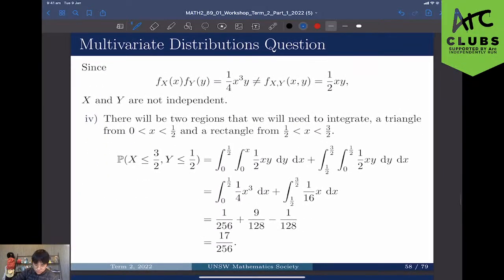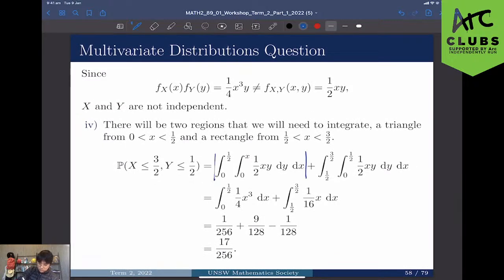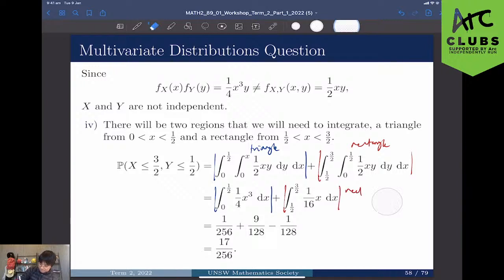So we split it up into a triangle, and this is the triangle, and the red part is the rectangle.